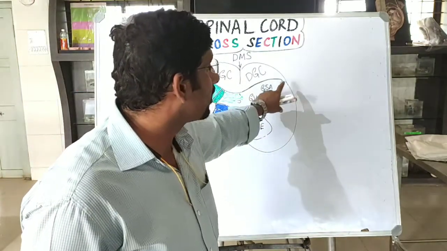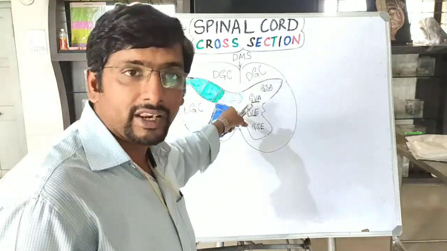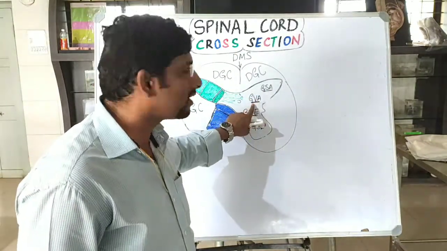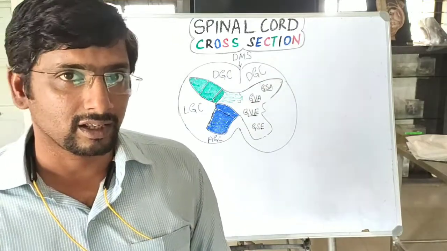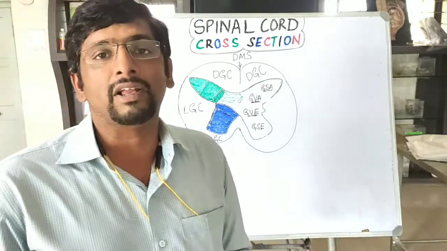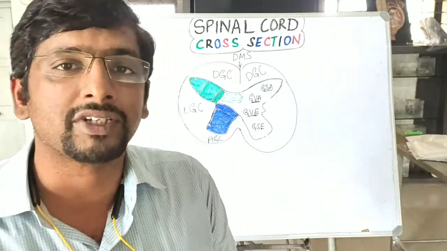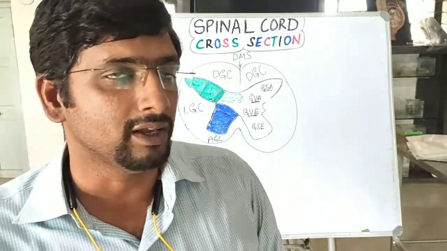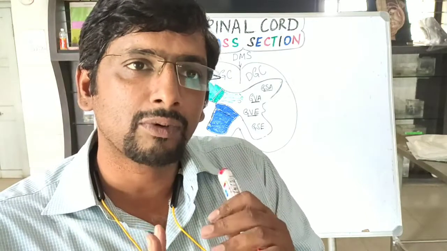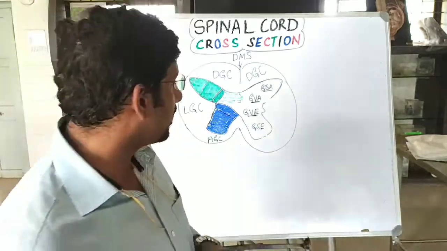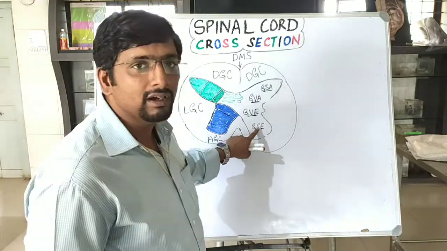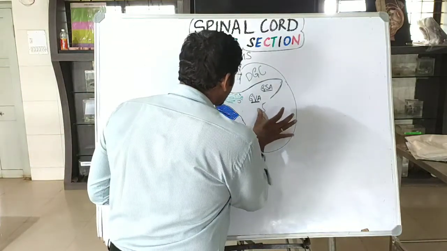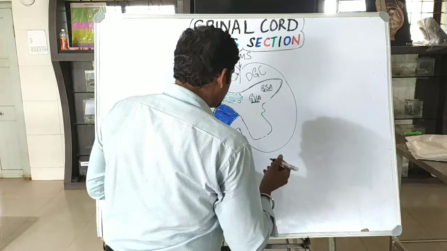And here, whatever sensations they receive will be either general somatic afferents or general visceral afferents. Now we will study the subdivisions of these horns. First we will study the gross subdivision. We will go with the anterior gray horn first.